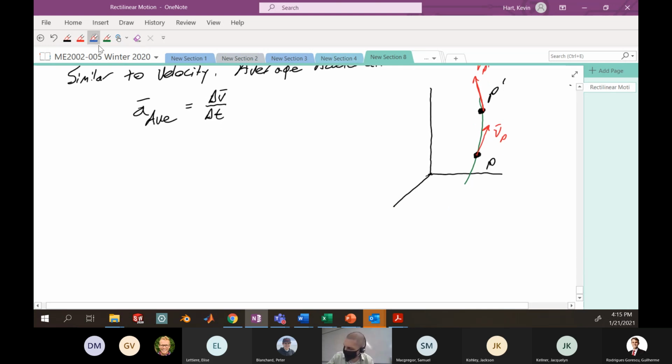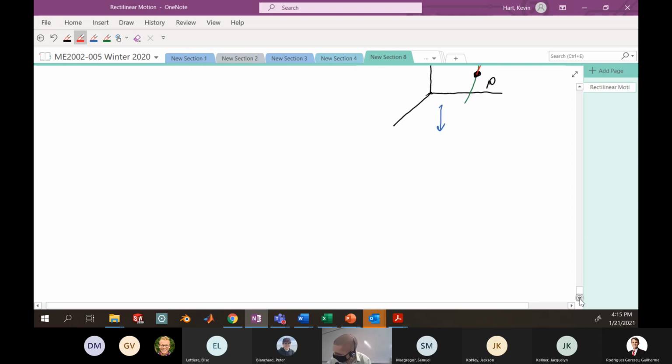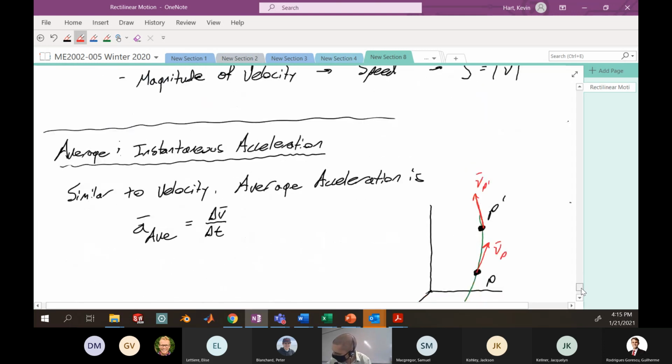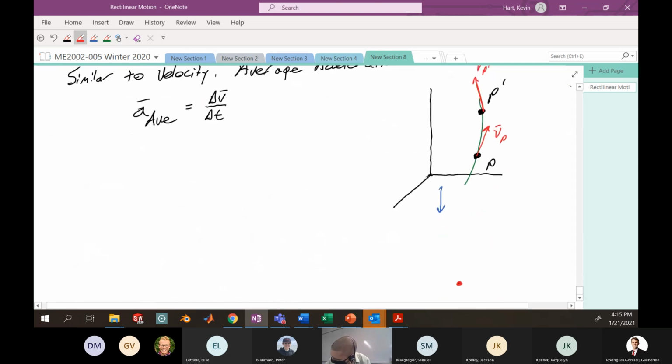let me make that blue so it doesn't confuse you. Here would be like the velocity of P. And if their tails are emanating from the same location, maybe here's the velocity of P prime. So that change in velocity would be here.